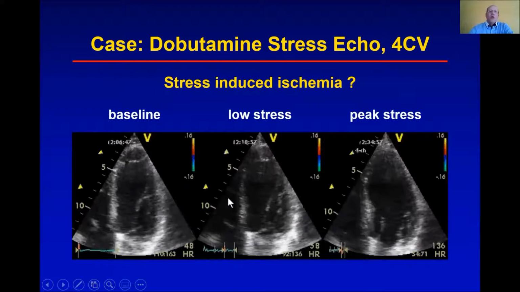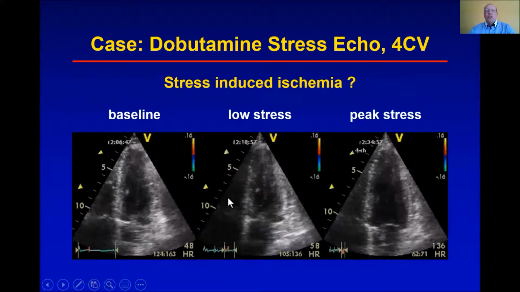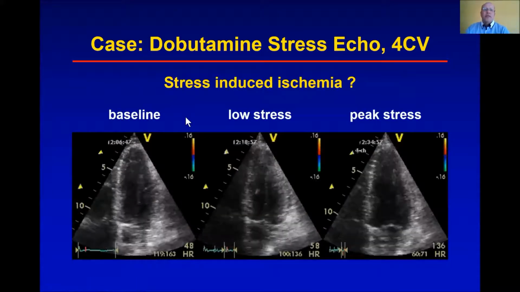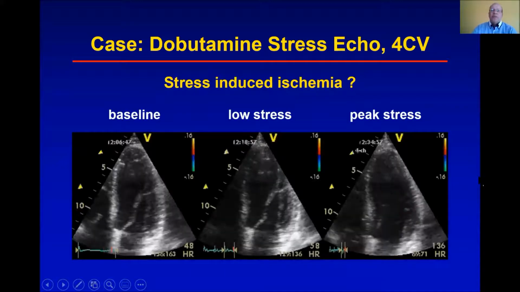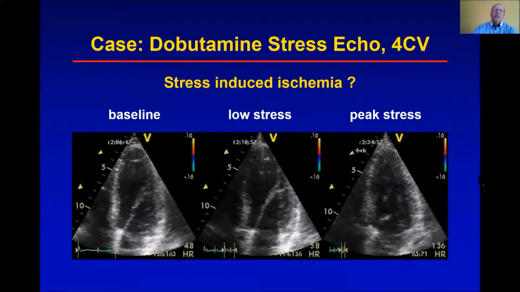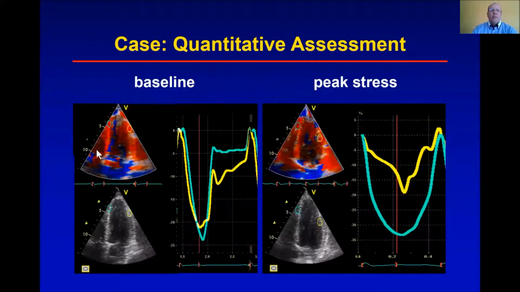And this is just a clinical example: baseline echo, low stress and peak stress. And you might have doubts. Some of you probably may see clearly where the problem is, but if you're not so sure, then you just take your sample volumes, put one in the region of interest and another somewhere else in a remote region as a comparison, and you look at these two regions.